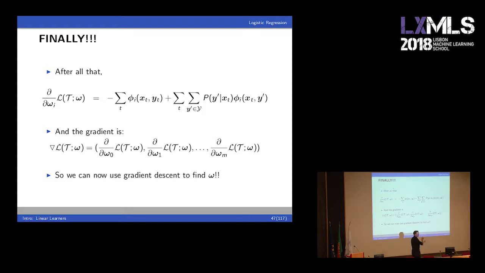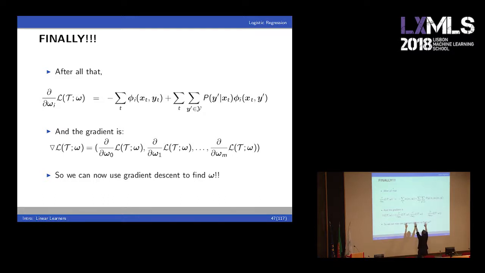So the features as they are in the training data, this is what we are interested in, and they have to be equal to the expected feature values.